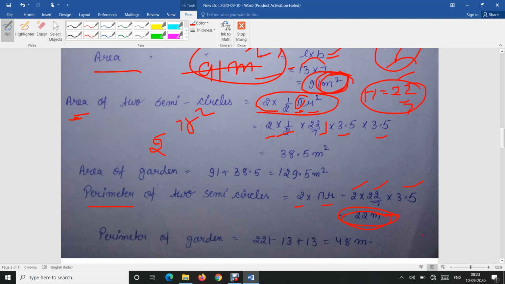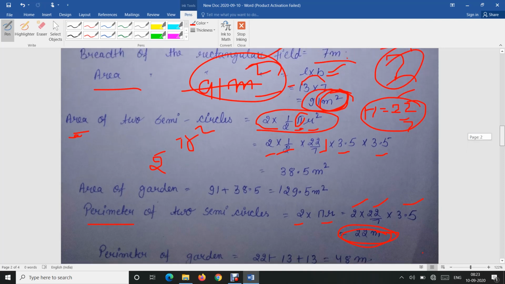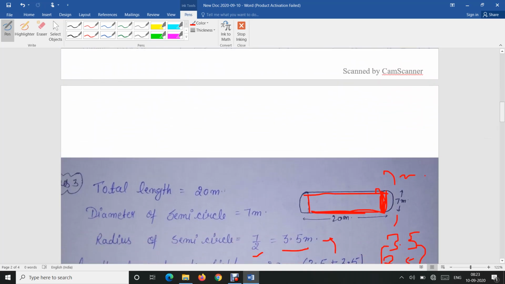But we need to find the perimeter of the total garden. So there is one more shape, that is the rectangle, but we cannot find the perimeter of that rectangle, because this portion and this portion are contained in the semicircle as well as in the rectangle.